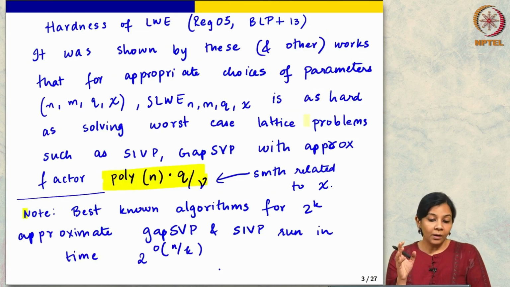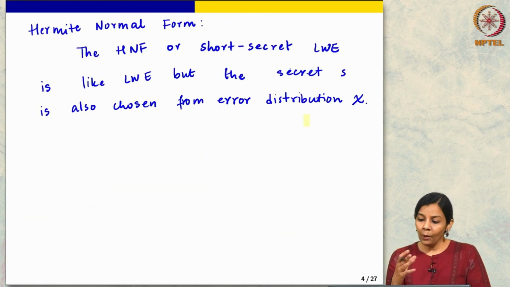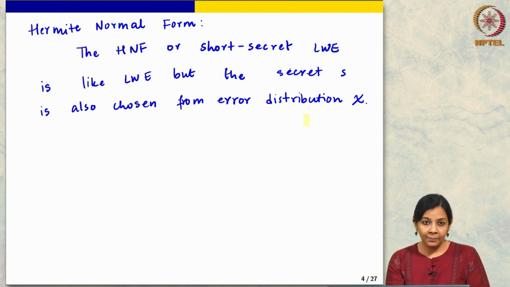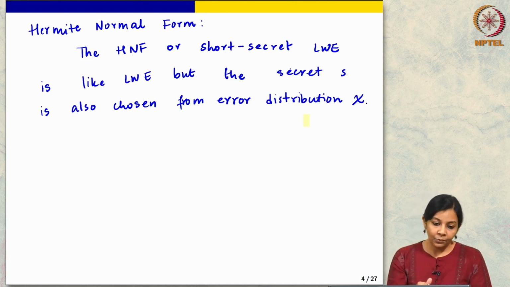So, the Hermite normal form or the short secret LWE says that even if you sample the secret from the same low norm error distribution, whatever you sample the error from, sample the secret from the same distribution, then also LWE remains hard. Okay, so there is quite a cute proof for this, maybe we can do it if time permits.